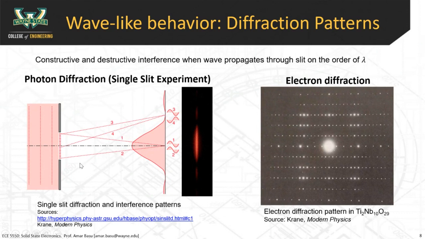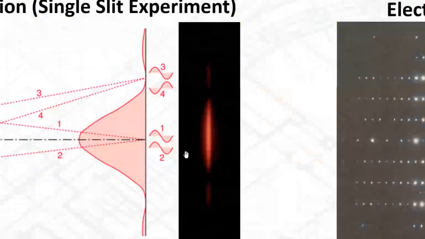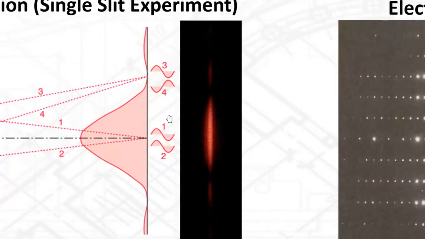An example of what waves do is constructive and destructive interference. I'm going to zoom in here so you can see, this is an example of constructive interference. If you take wave number 1 and wave number 2 and add them together, you get a wave that has a larger amplitude. That's constructive interference.